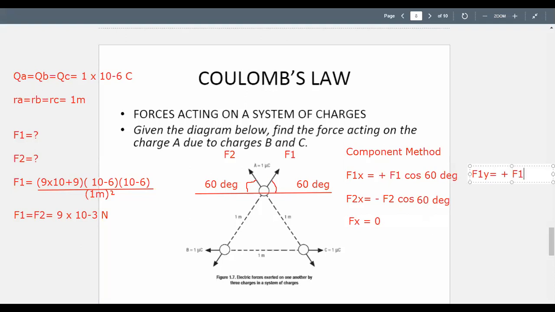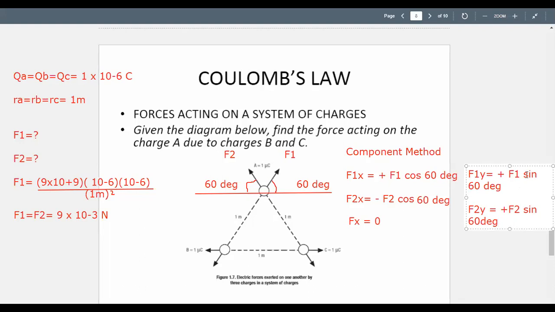That's F1 sine of 60. So they must have the same value, no? And F2y must also be positive, F2 sine of 60 degrees.